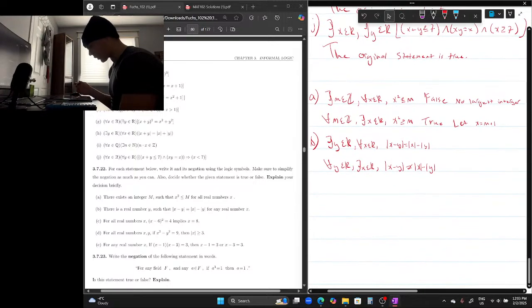So yeah, just choose y equal to 0. So true.